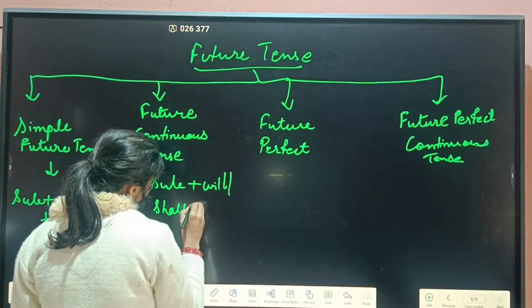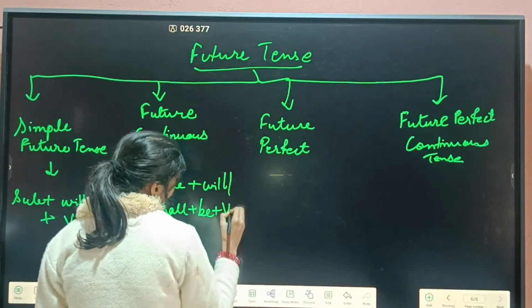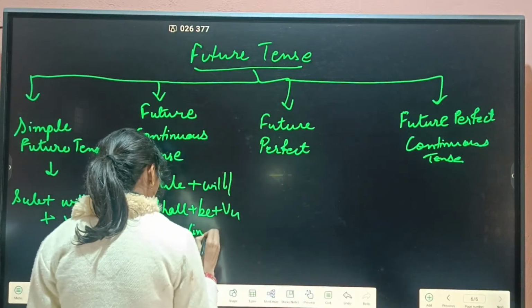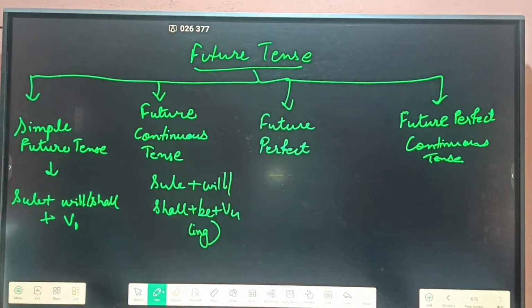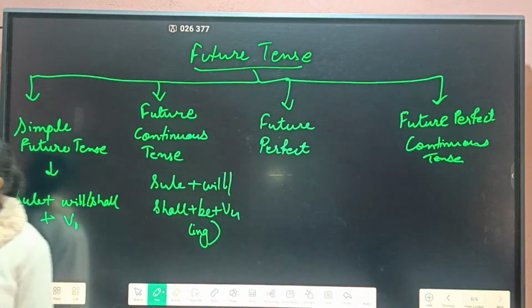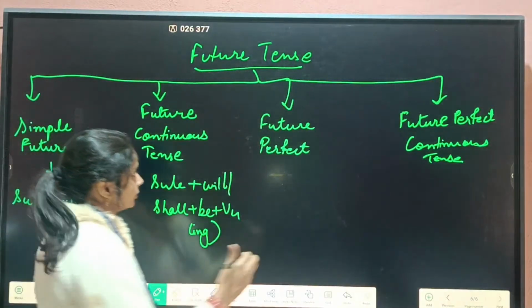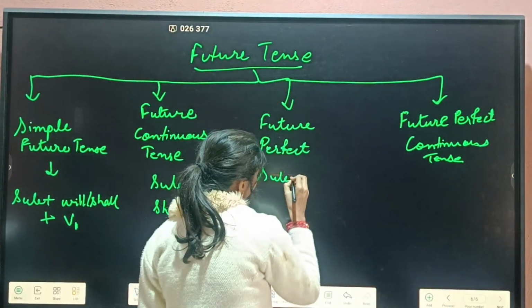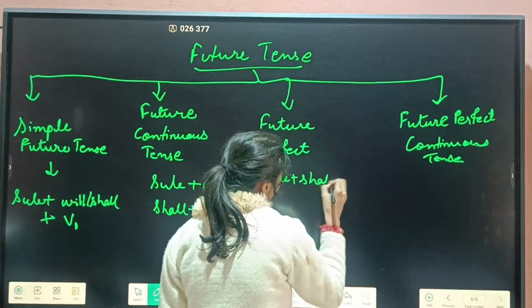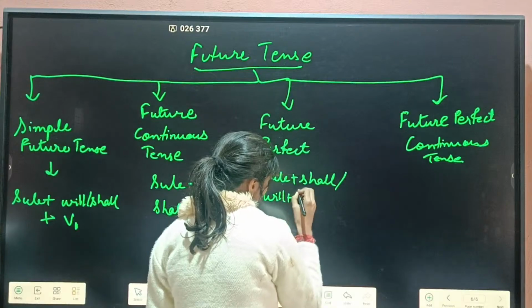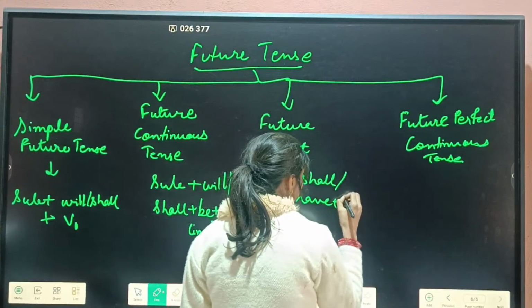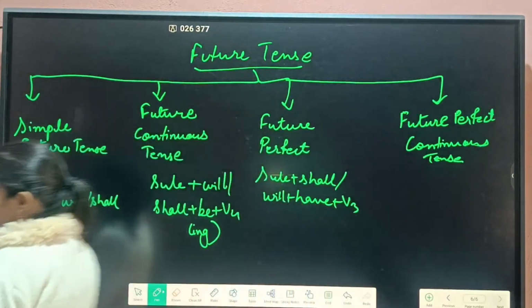Here we will add be. The remaining thing will be the same, plus ing. Then in future perfect, what can we write? Subject plus shall, will plus have plus verb third form.